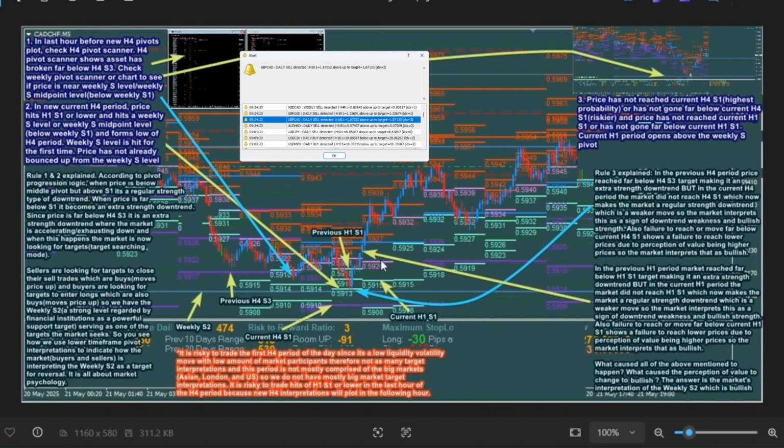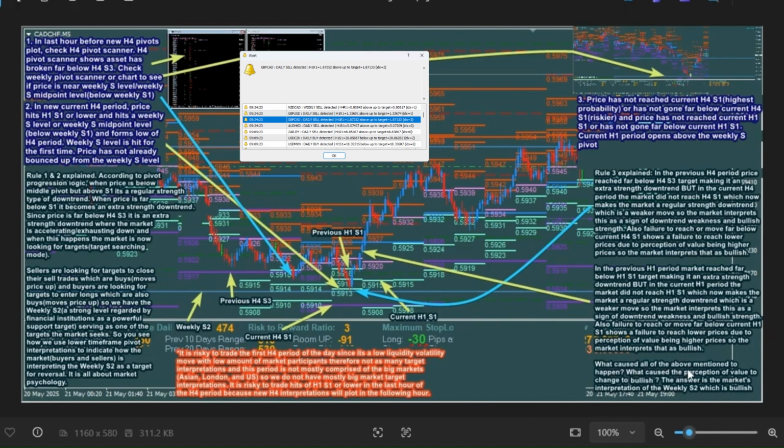Okay? And failure to reach this H1S1, which is a price at lower prices, shows that the market's perception of value is a price at higher prices. Okay? And that is interpreted by the market as bullish.